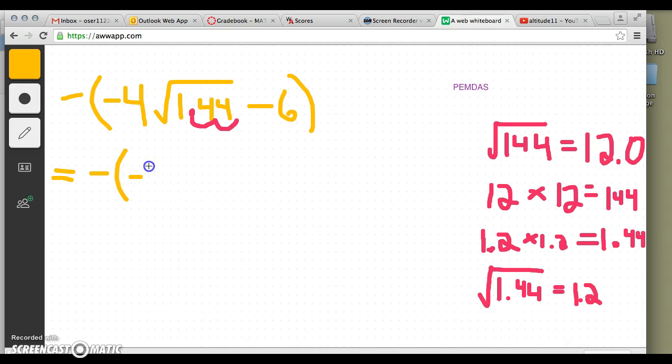So we can rewrite our original expression as negative 4 here. Once again, no operation connecting this -4 with the square root, meaning that there is multiplication. And we just saw that the square root of 1.44 is 1.2. And we still have -6.